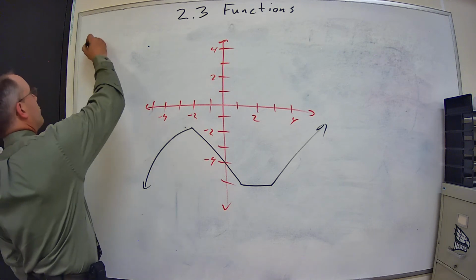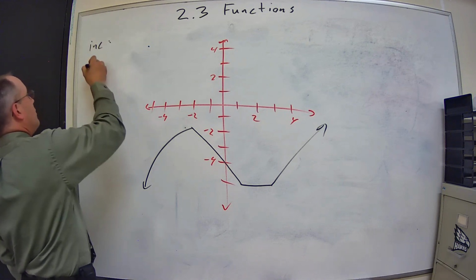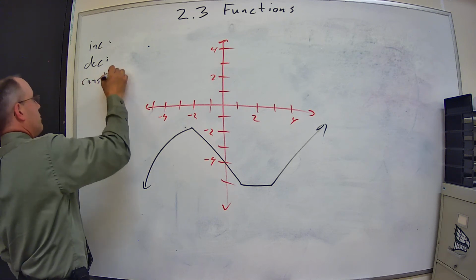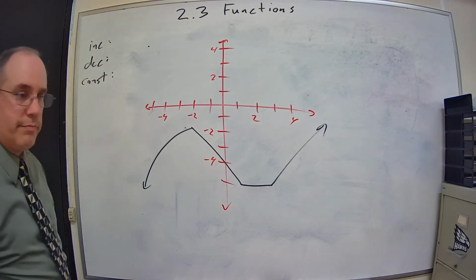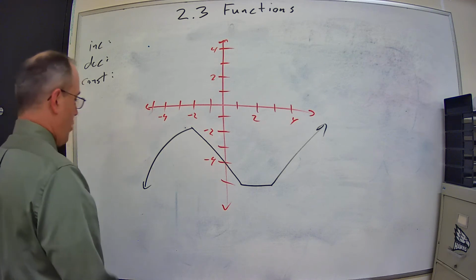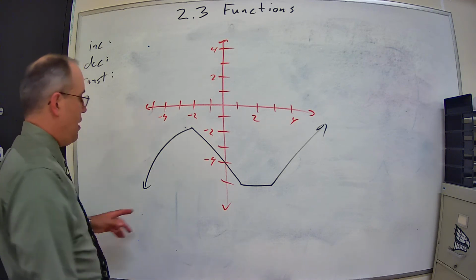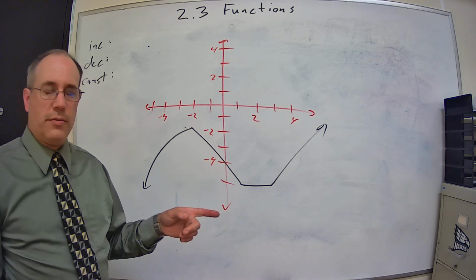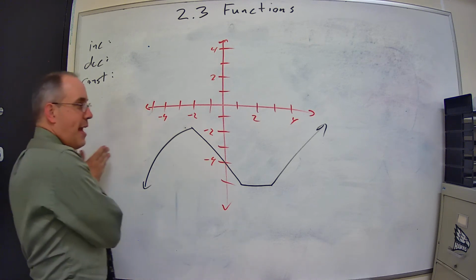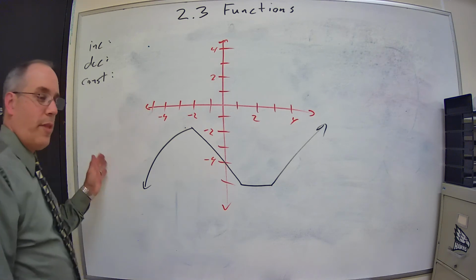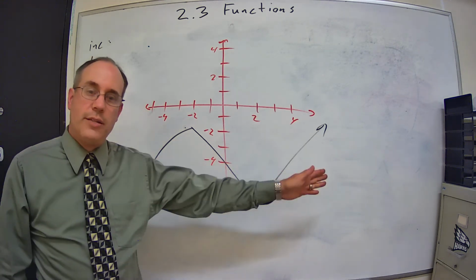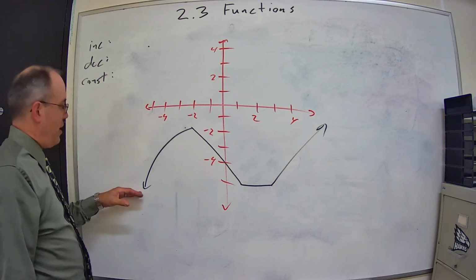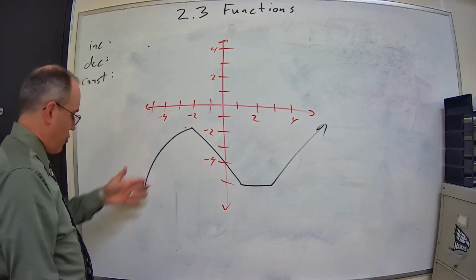So I'm going to put increasing, INC, decreasing, DEC, and constant, CONST. And don't let the arrows confuse you. As x increases, so as we move from the left side of the function to the right side of the function, what is happening with y? Well, I start here, and you see this arrow says it's going on forever.